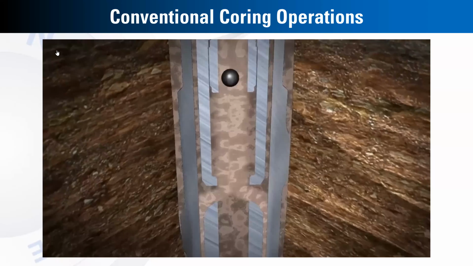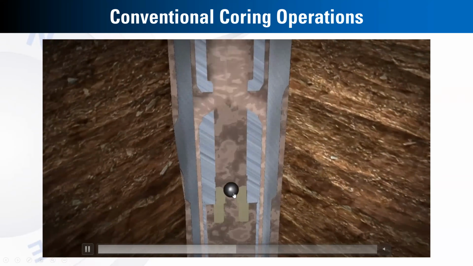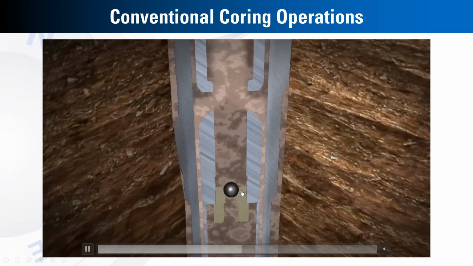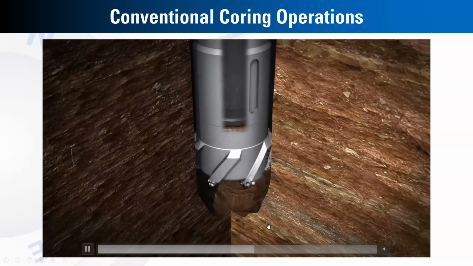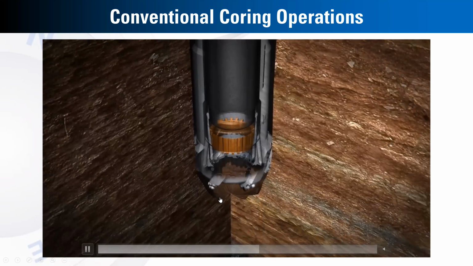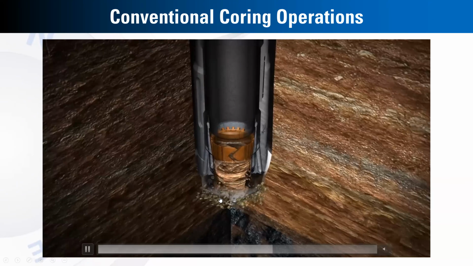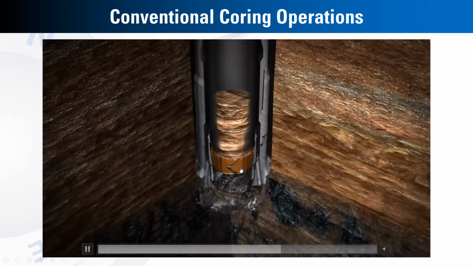To start the core cutting, you have to drop this ball from surface, and then the coring bit will start to cut the core, as you can see, for a certain section or certain length as per the coring design.